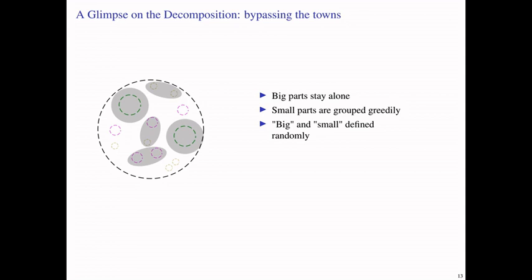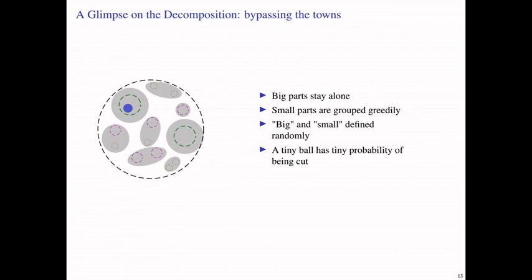And as I said, big and small are defined randomly, such that the diameter of a part at level i is between, say, half 2 to the i and 1.5 times 2 to the i. And among this range, the diameter is picked randomly. That ensures the probability property we want.